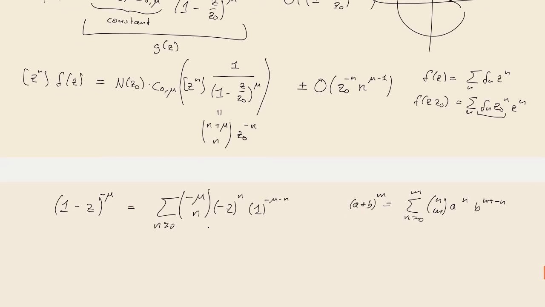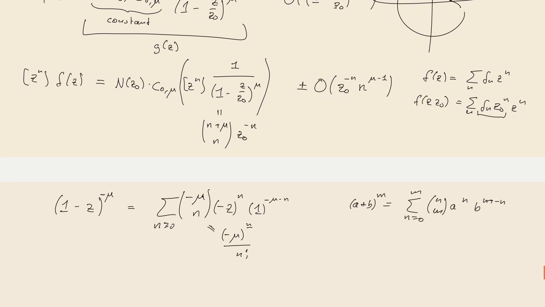So the generalized one, this would just be minus mu to the n falling over n factorial. So that means minus mu times minus mu minus 1 times minus mu minus 2, and so on, and n terms of that. That's how you can define binomial coefficients for any upper index, even if it's any number.